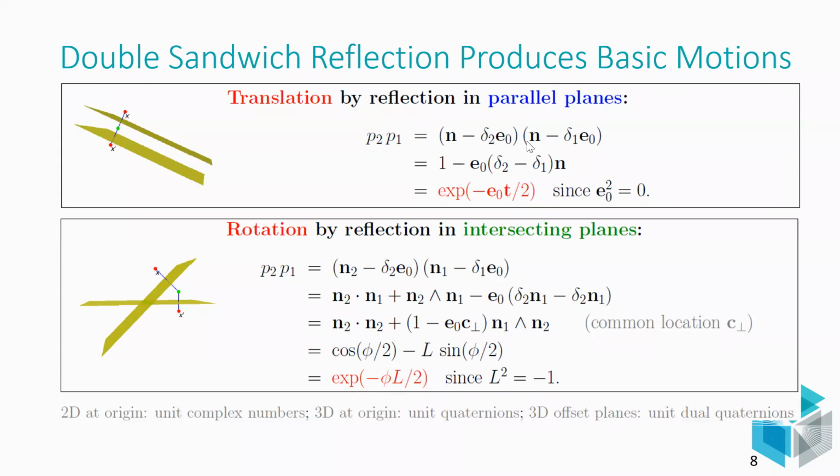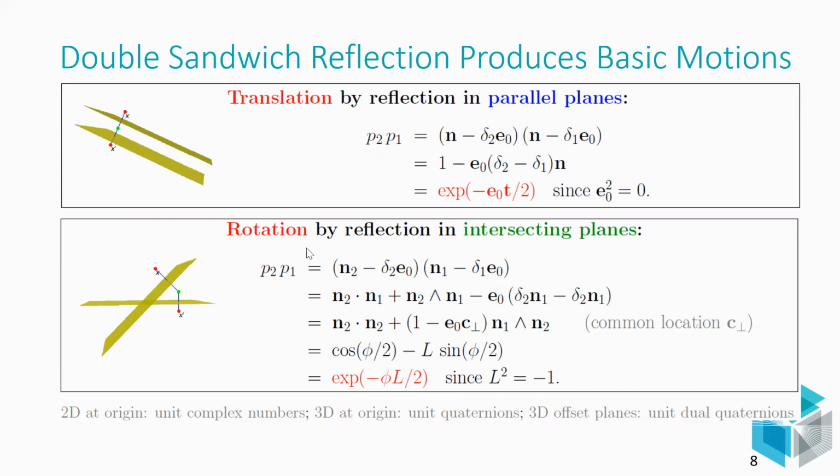And indeed, if we use the rules that we have before, we get something of a special form, which we can, because of the special property that e0 squared equals 0, write in an exponential form in which we see something like the translation vector occur. And this is indeed the operator that if I apply this multiple ways, then I'm actually implementing the translation as an even number of reflections in parallel planes. And this works.